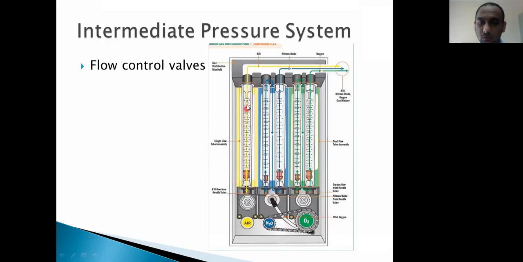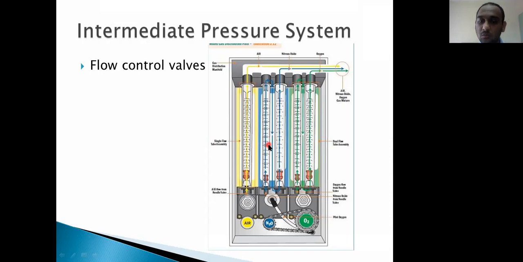From 0 up to 15 is displayed on a single flow meter tube, while this for nitrous is a dual flow meter assembly. So from here you have 0.1, 0.2 going up to 1 liter, and then 1, 2, 3 going up to 10 liters on another flow meter tube. This helps to precisely control the gas flow even in lower flows.